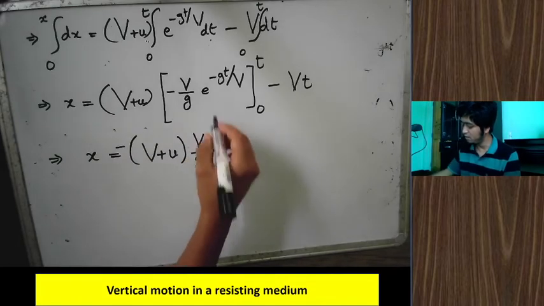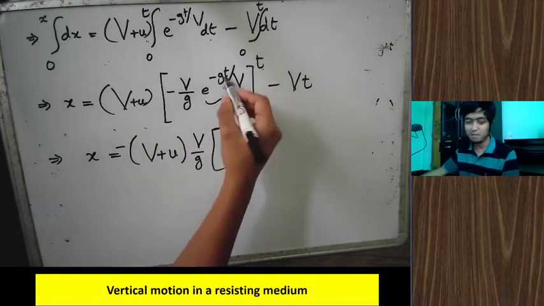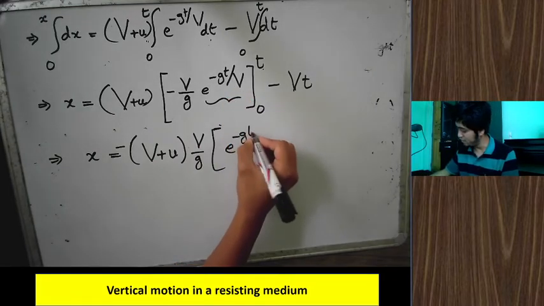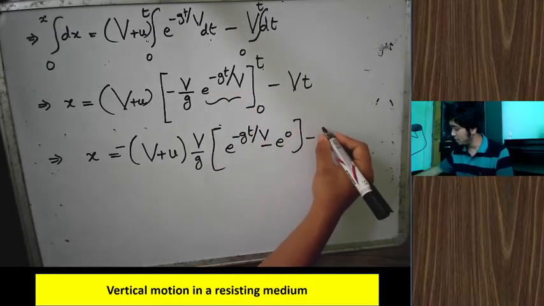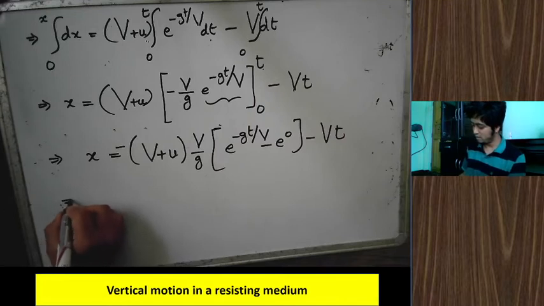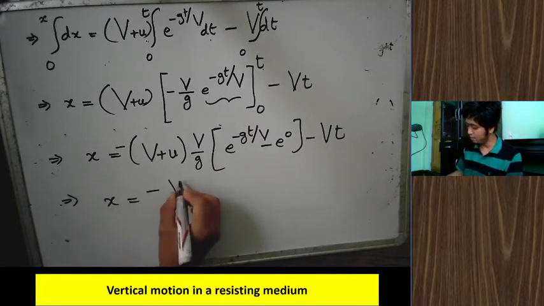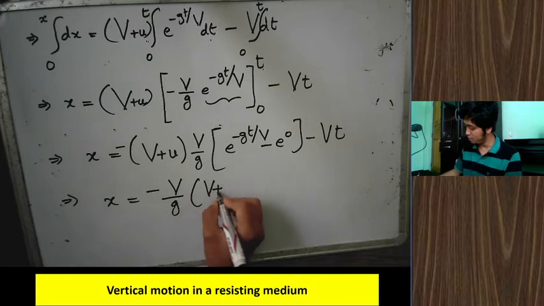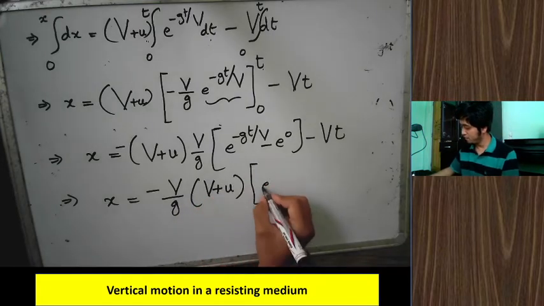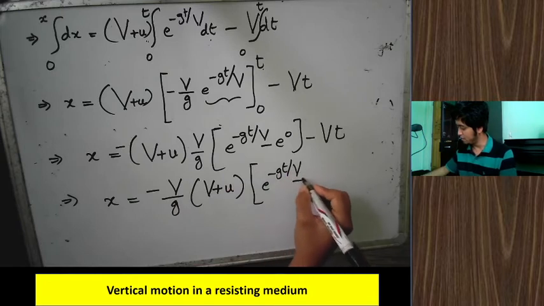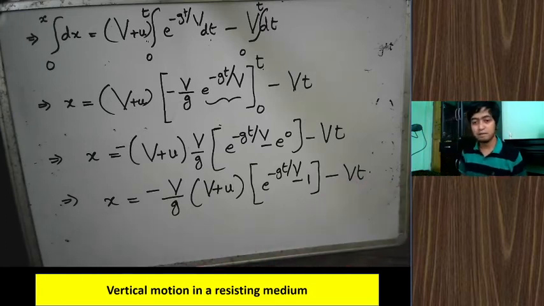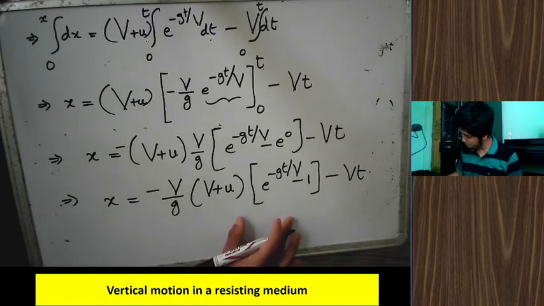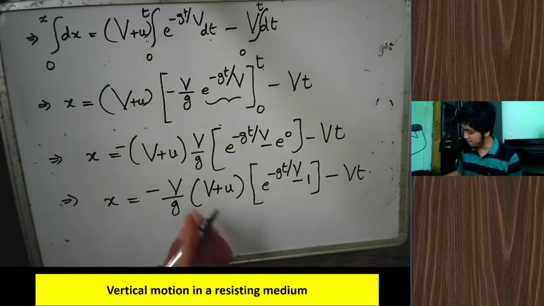Now we just need to put in the limits: gt upon V minus e to the power 0, minus V t. So x will be minus V upon g, (V plus u), (e to the power minus gt upon V minus 1), minus V t. So this is what we will be having. Let me just check whether this is the required expression or not. Okay, so it is the required expression. You just have to multiply this one with 1.